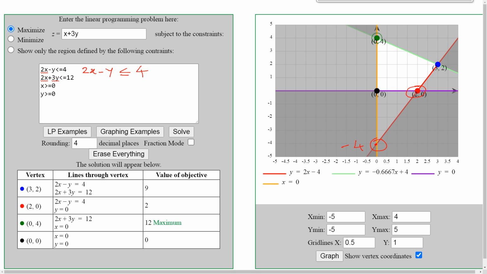Now in order to determine the feasible region for this, you have to substitute x and y as 0. So 2 into 0 minus 0 is less than or equal to 4. That comes as 0 is less than or equal to 4. Whether it is true or false, it is true.